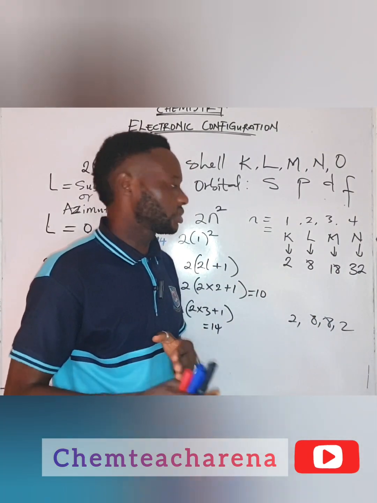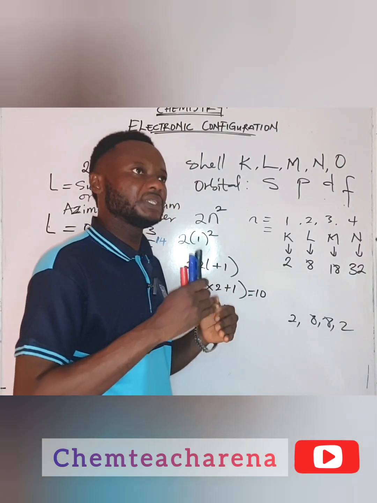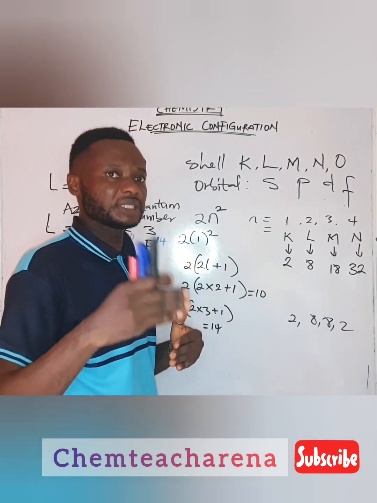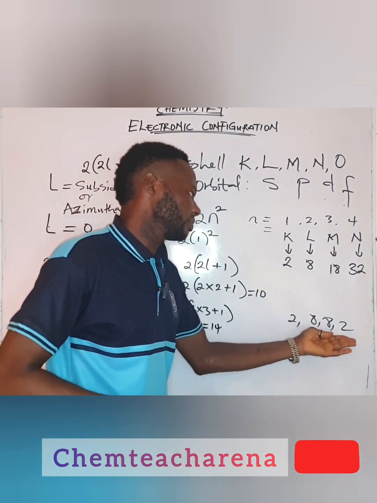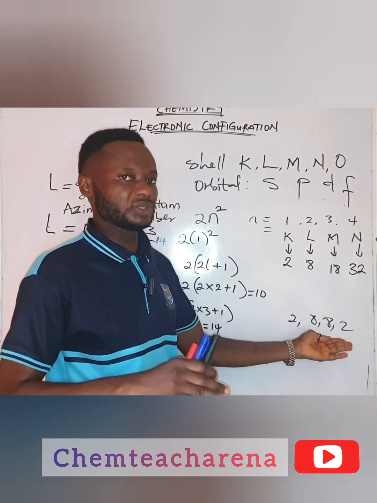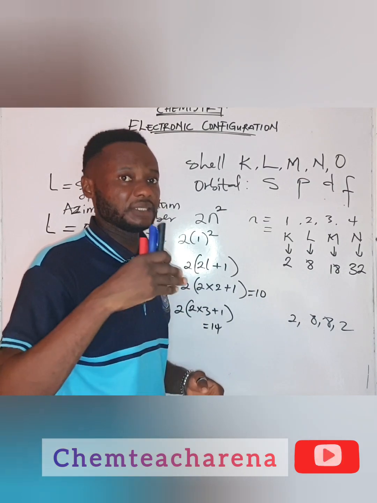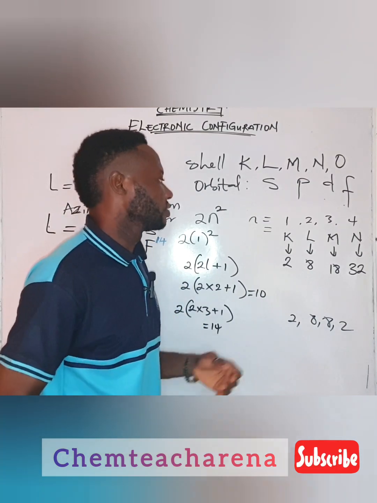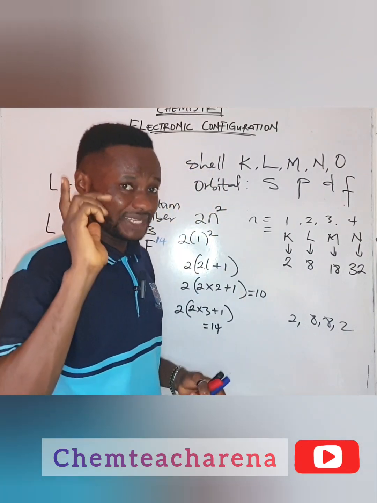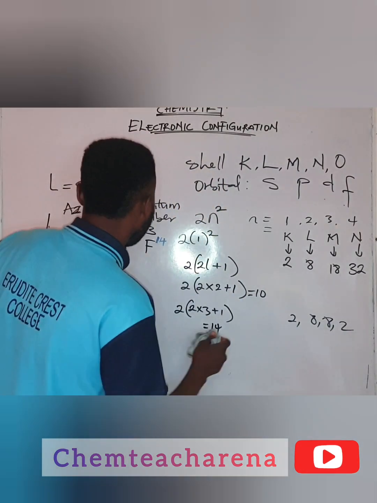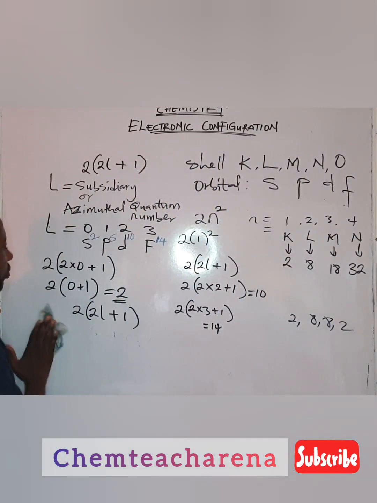To avoid that confusion, students within JSS 1 to JSS 3, that's year 7 to year 9, can use this method to write their electronic configuration. When you get to year 10, year 11, year 12, you can migrate to the proper understanding. Okay, now let's have example 1.